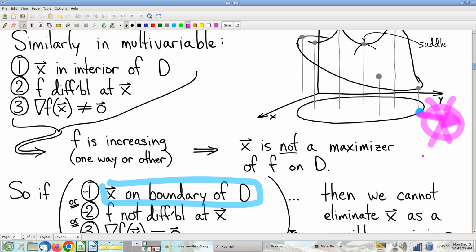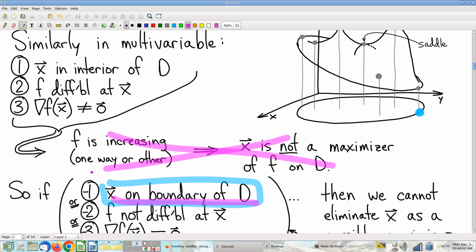That would take you off of the set, right? So the point is, boundary points, you have no process of elimination. Every boundary point, you can't eliminate, and so I like to call them critical points.